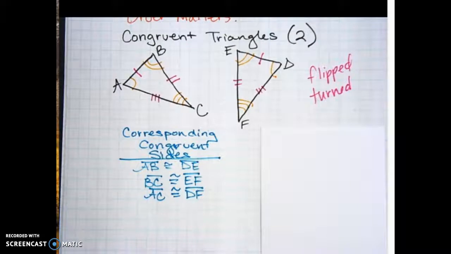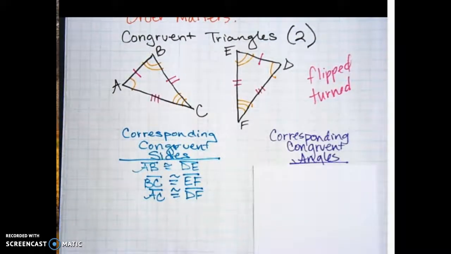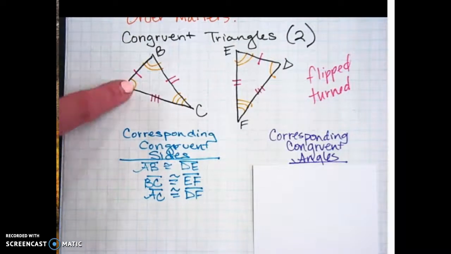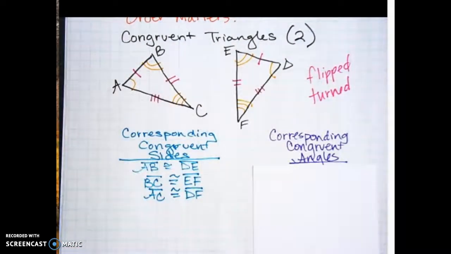So inside the triangle, we also have angles. That's going to be our corresponding congruent angles. And again, just like with the sides, we're going to go in order. So start with the single arcs. When you're inside of a triangle, as long as there isn't more than one triangle drawn inside, you can just go with one letter for the angles.